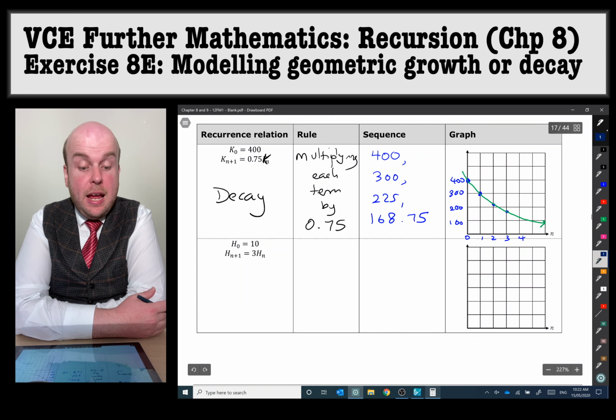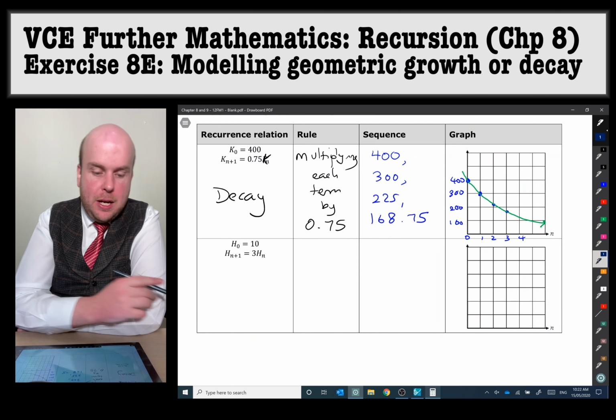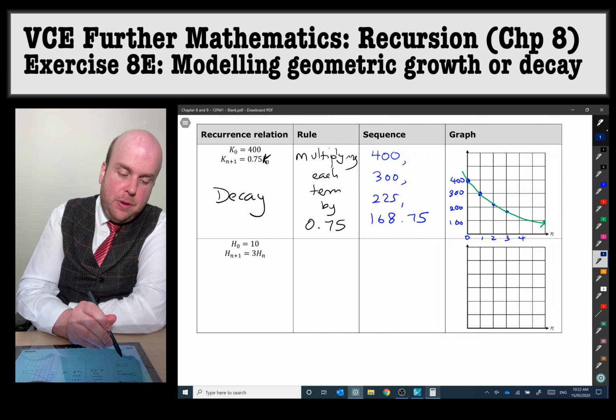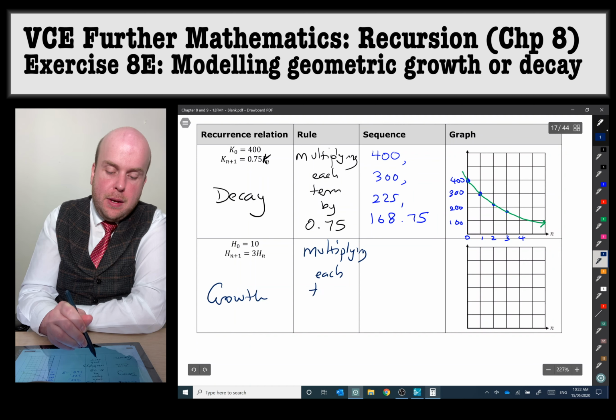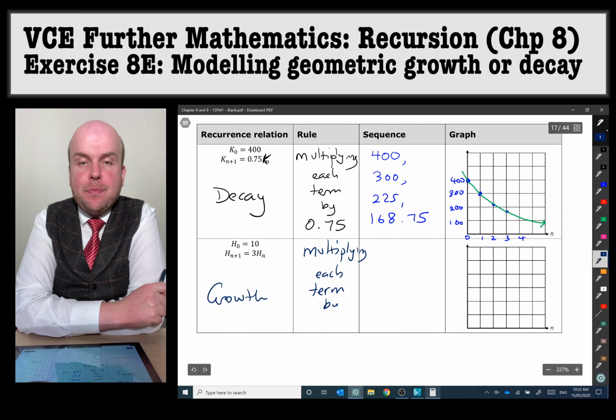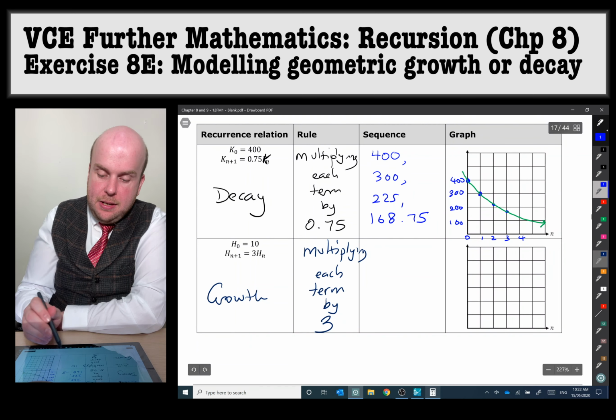H0 is equal to 10, Hn plus 1 equals 3 times Hn. Since the number in front of the Hn is greater than 1, this is growth. And what does it mean? It means I'm multiplying each term by 3. So what are the numbers in the sequence? The first one will be 10.